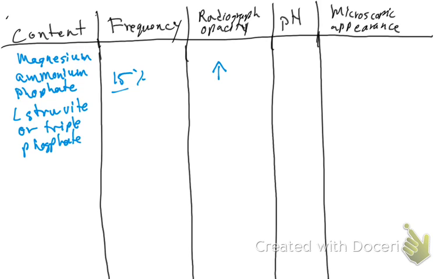The pH is the same, more than 7.0. How is it going to look microscopically? It's a rectangular prism that looks like a coffin lid.